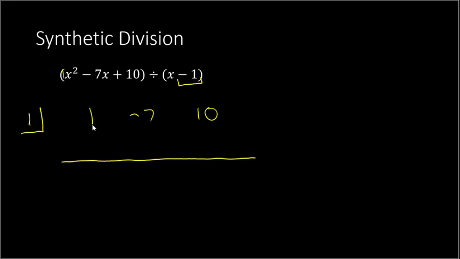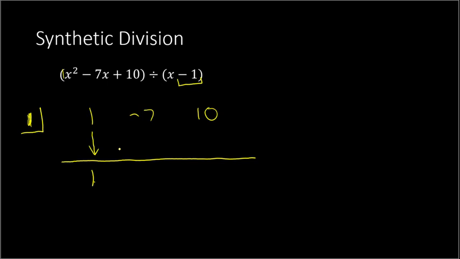So the process of division with synthetic division is as follows. We will always bring down this first term, this first number. You bring it down and write it right here. All right, next what we do from here is we basically just take this number off on the side, and we're going to multiply, and then we're going to add with this negative 7.